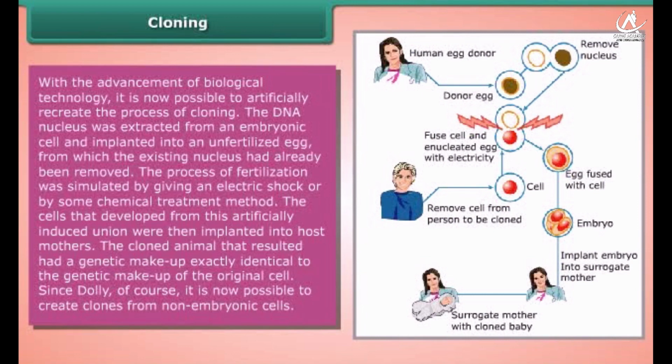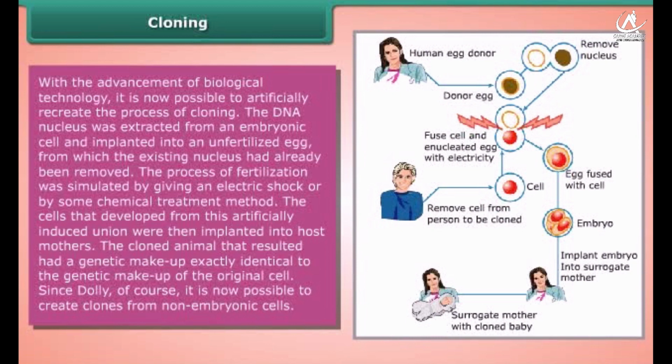The DNA nucleus was extracted from an embryonic cell and implanted into an unfertilized egg from which the existing nucleus had already been removed. The process of fertilization was stimulated by giving an electric shock or by some chemical treatment method.